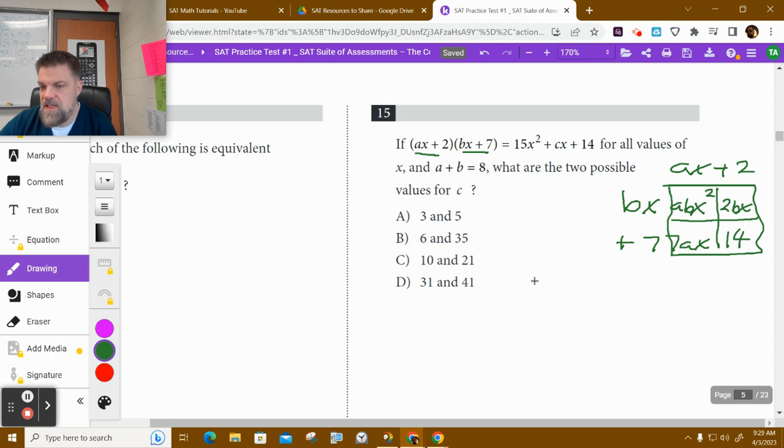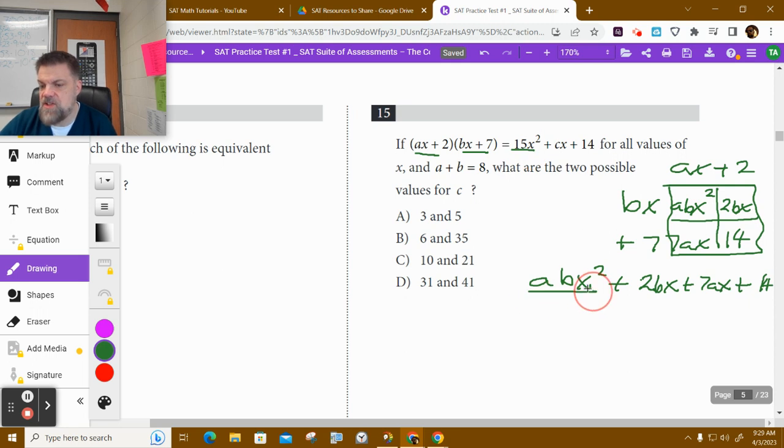So this equals abx squared plus 2bx plus 7ax plus 14. Okay, so that's equal to this.